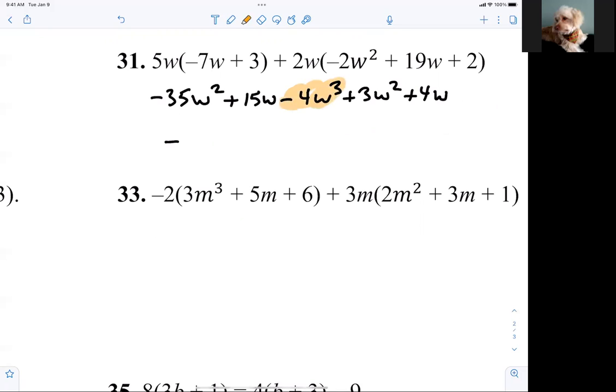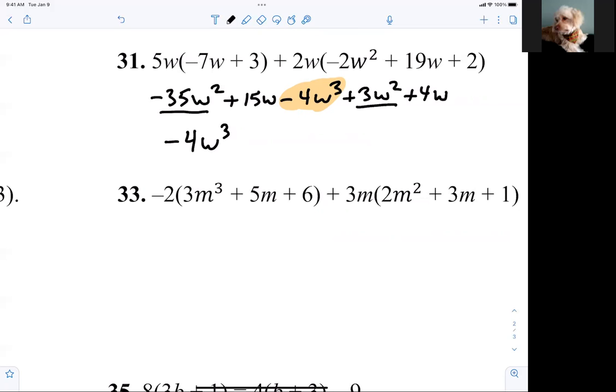And then it's 3w. I want this first, though. Always write in descending order. So you always look for the largest exponent. So negative 4w cubed. That's correct. And then negative 35w squared plus 3w squared, and you get 3w squared. How many? Negative 35 plus 3.